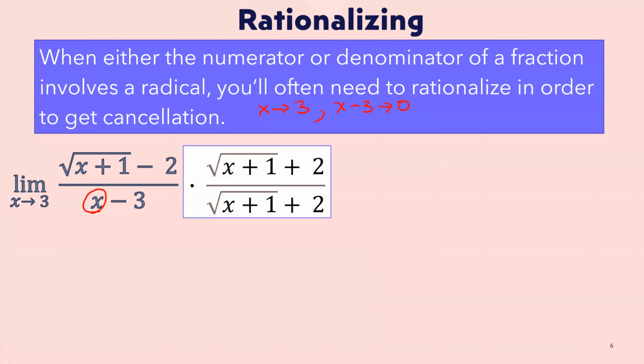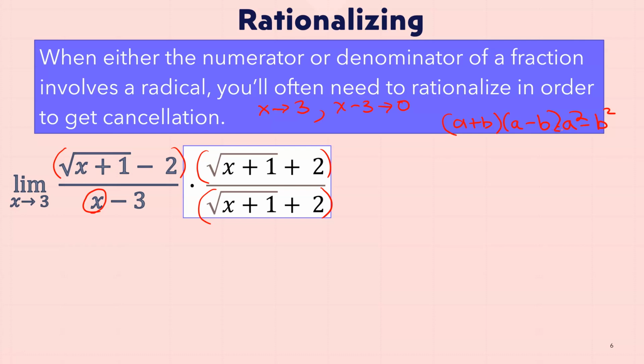When rationalizing, we are multiplying by 1. So what is the 1? Conjugate over conjugate. Again, a plus b times a minus b is a squared minus b squared.